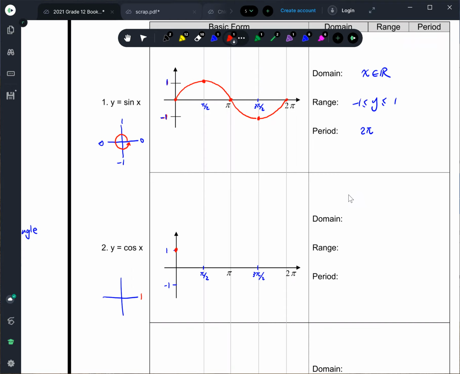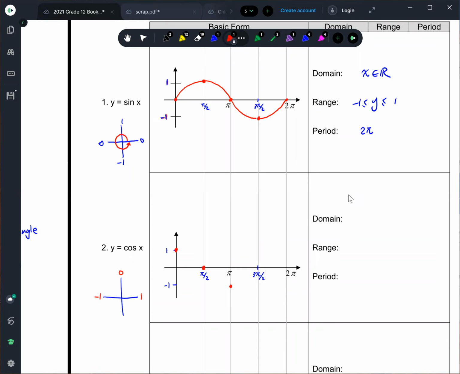Pi over 2 is at 0. Yeah, very good. If you look at the axis. And Callum, where's the next one? -1. Yeah, at pi, it will be -1, so it'll be here.